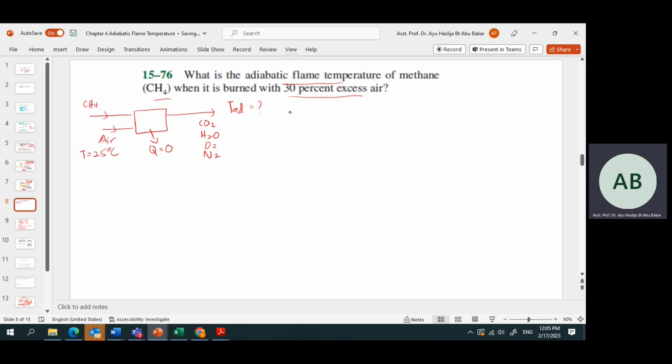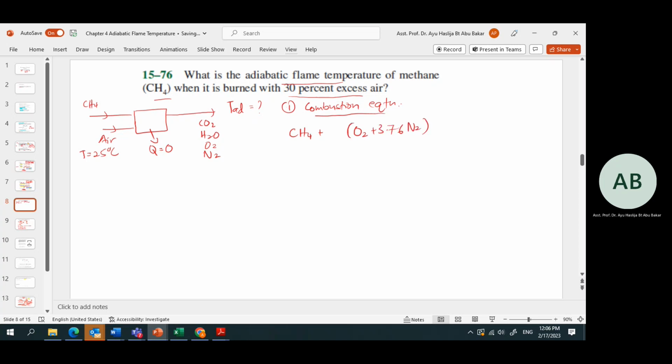Now, first thing first, generate the combustion equation. What is your A over here?